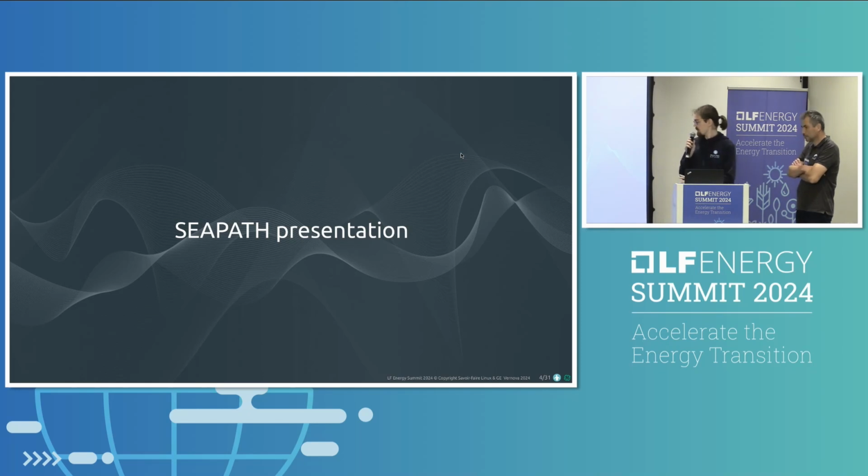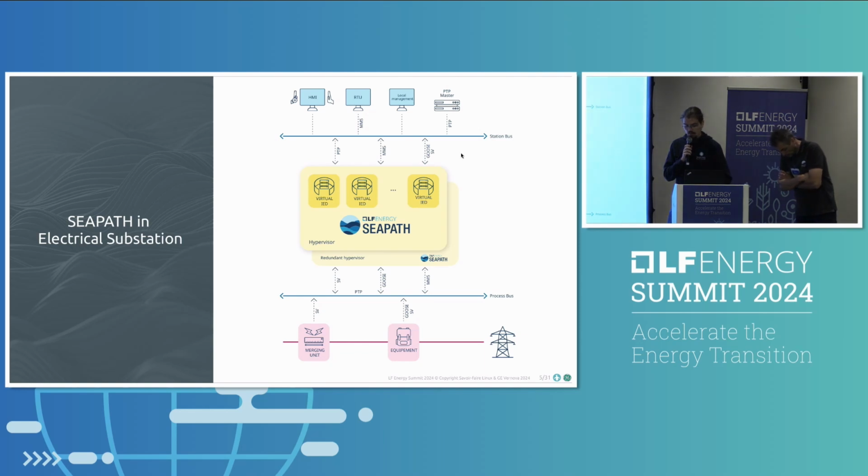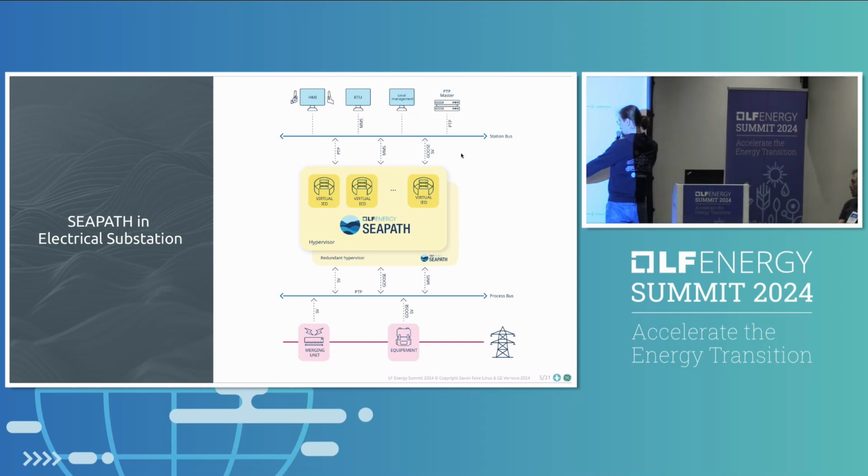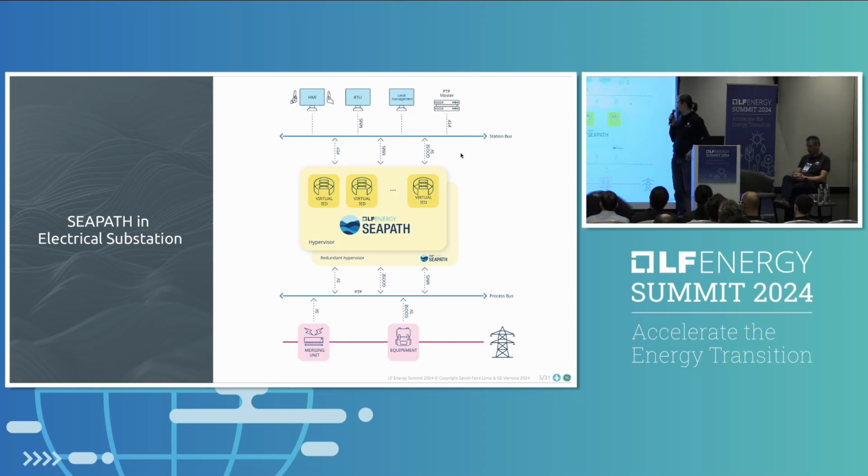So first I will describe SEAPATH as a project. The goal of SEAPATH is to provide an operating system to run virtual IEDs. So we are running on a hypervisor, and on top of the code of SEAPATH, we'll run the virtual IEDs, which will communicate with all the protocols of the substation. I think you know better than me.